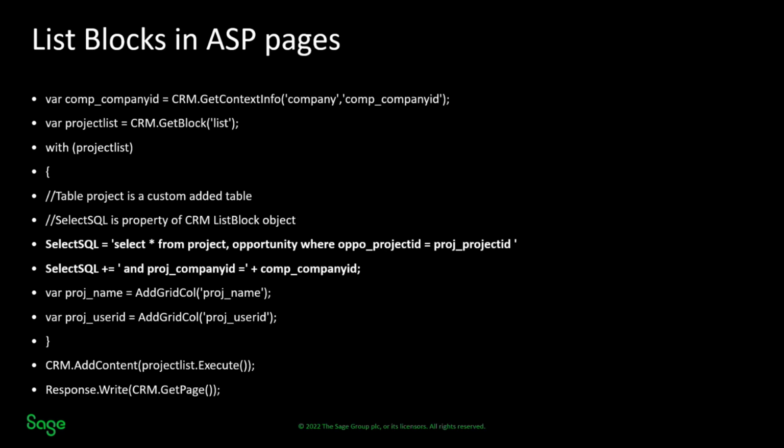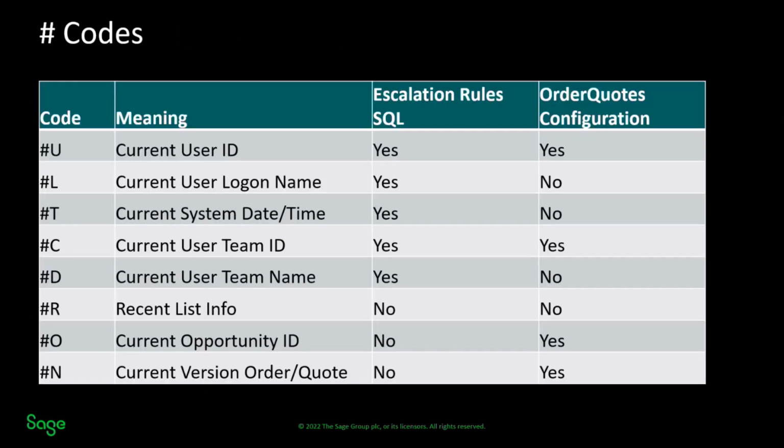But it's not the only way that we do it. There's another way, where we can start to grab hold of some system information and contextual information and put it into different places. This is a technique that is used in two locations within Sage CRM. This use of a hash code, hash U, hash L, hash T, etc. These are used in different places.